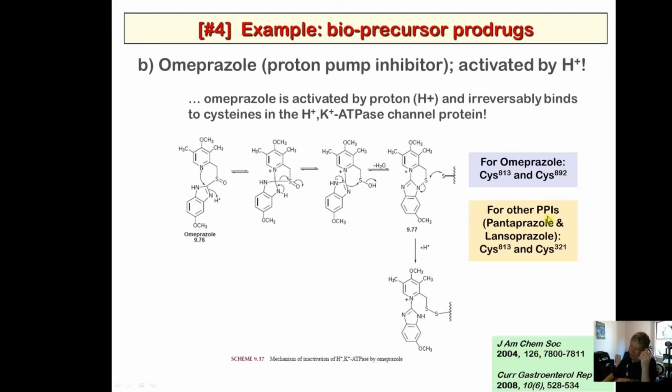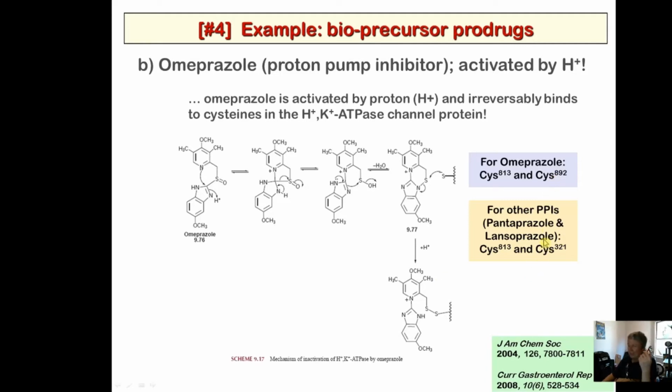Other proton pump inhibitors, like pantoprazole and lansoprazole, bind to different cysteines. They bind to cysteine 813, which is the same, but also cysteine 321. And so the drugs have different effects on turnover of the protein when the cysteines are attached to the drug, and it depends on which cysteine it is attached to.